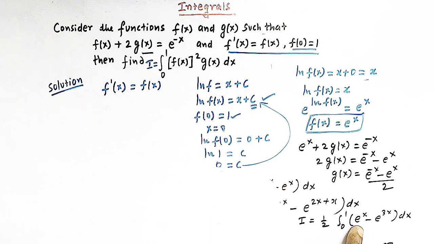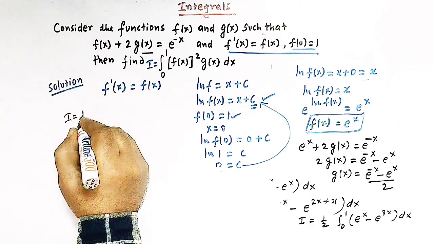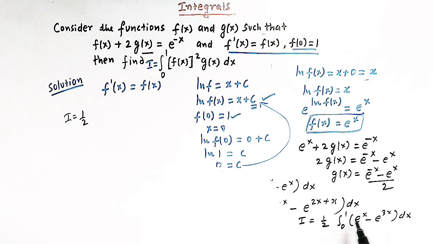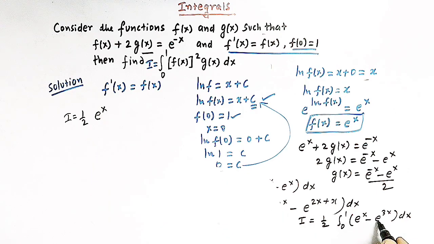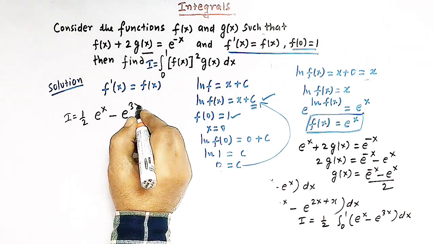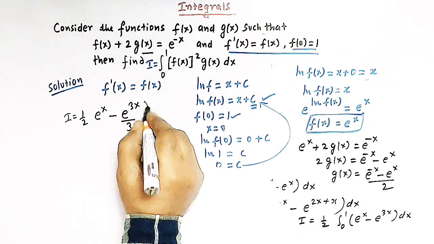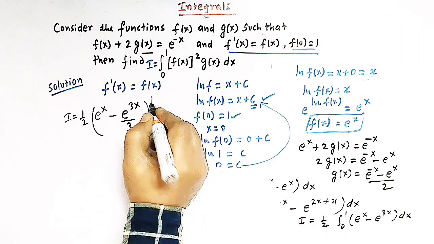So now let us simply find out the value of this integral. So we have I equals half, the integral of e raised to x is simply e raised to x, and the integral of e raised to 3x is e raised to 3x over 3, and the limits of integration are from 0 to 1.